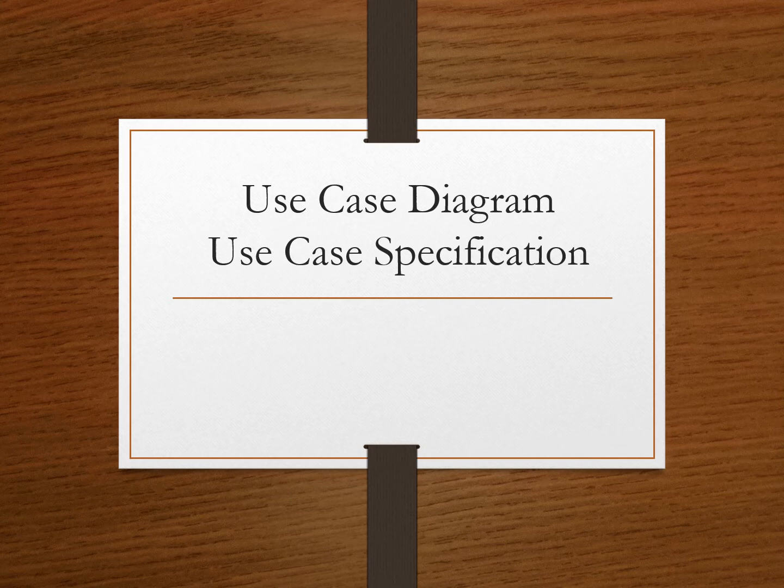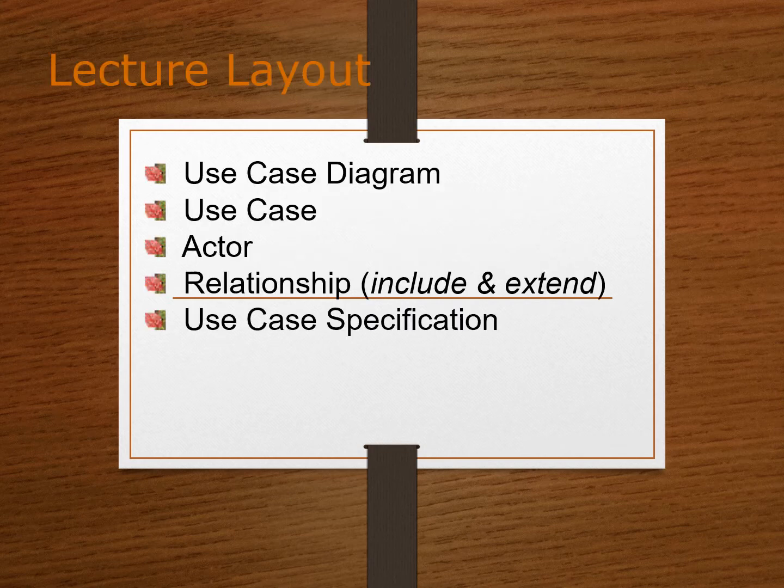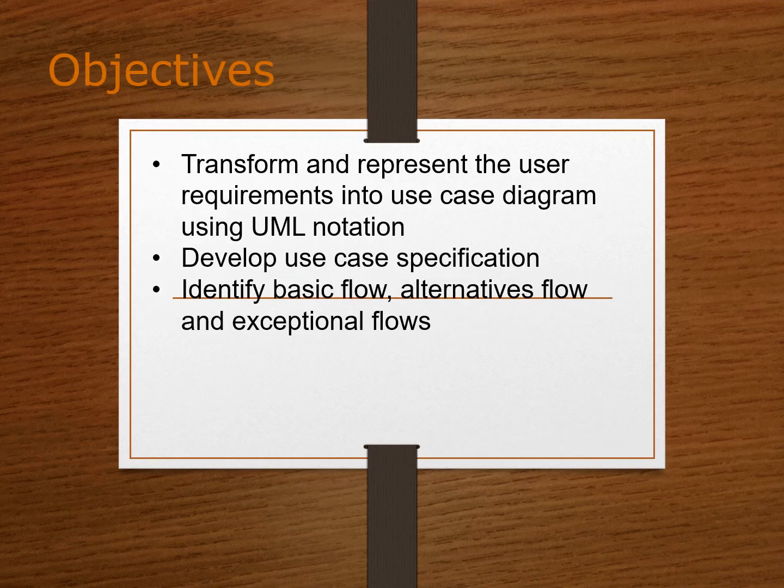So that's why we are using use case specification. We'll be covering the diagram, the use case, the actor, relationships within the use case diagram, which are include and extend, and use case specification.